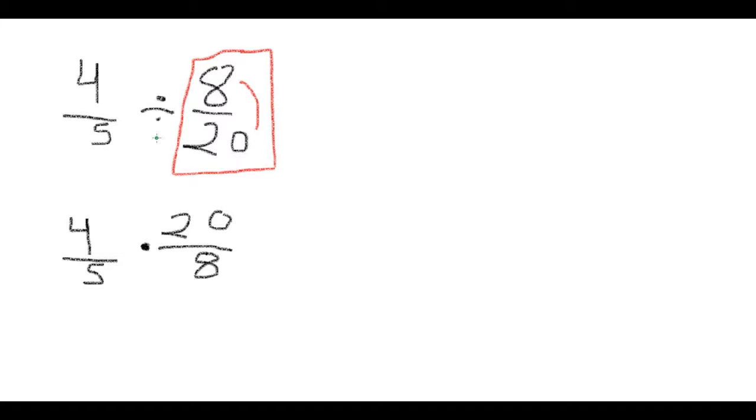So when we rewrite it, we get 4 over 5. This becomes multiplication times 20 over 8. As you see, we switched the numbers. Now we can easily solve it. If we cross cancel, we know 4 goes into 8 2 times, so we'll cross that out, and 2. And we know 5 goes into 20 4 times. 1, and 4.